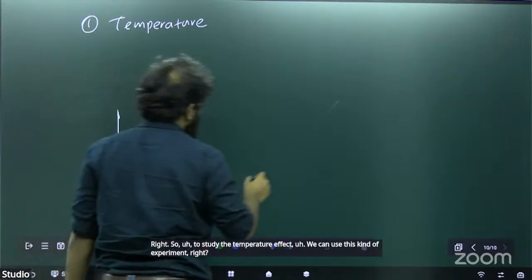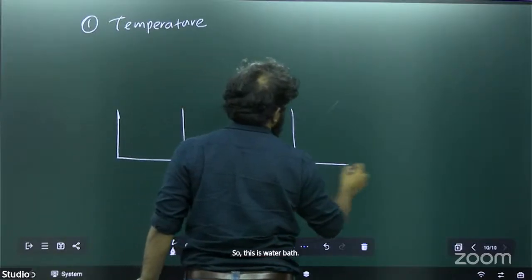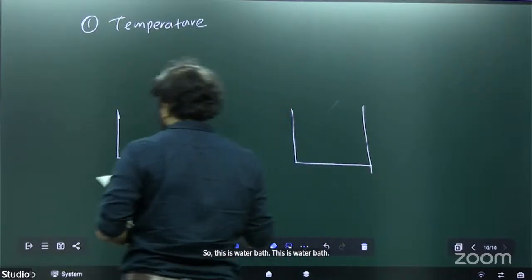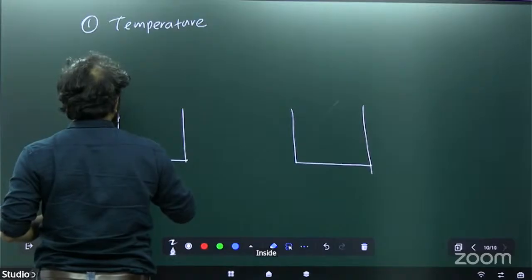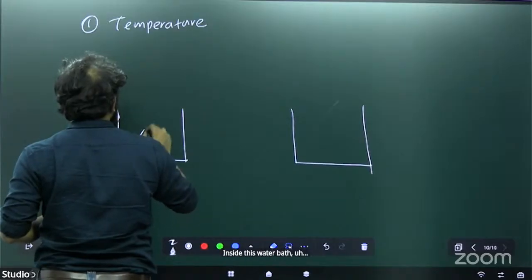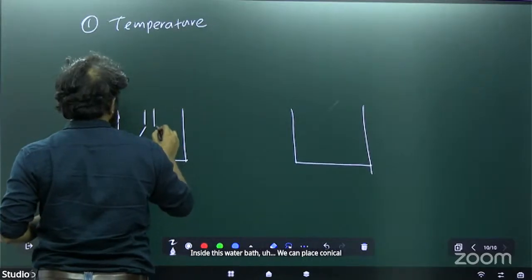So this is a water bath. Inside this water bath, we can place a conical flask like this.